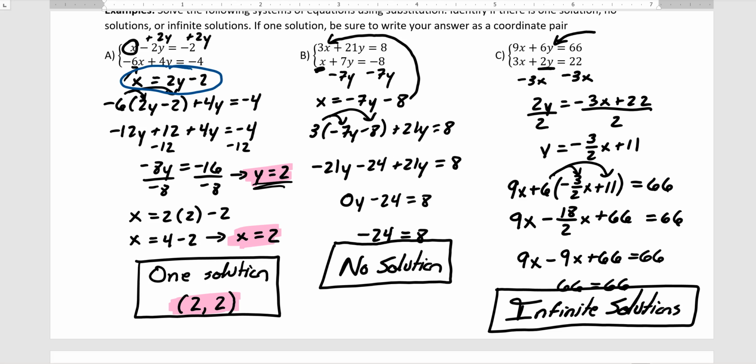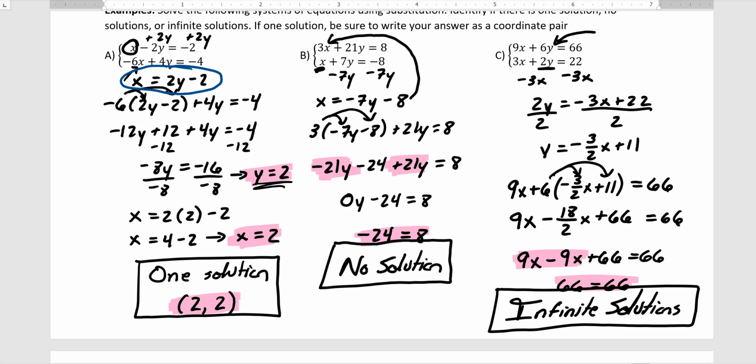That's where they intersect. Looking at letter B, we had negative 21y plus 21y. Those canceled out and left us with an untrue statement. That's what gave us no solution. Looking at C, we had the 9x minus 9x. Those canceled each other out, but we were left with 66 equals 66, a true statement. So that's why it was infinite solutions.